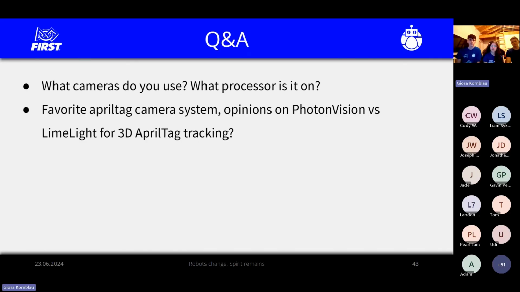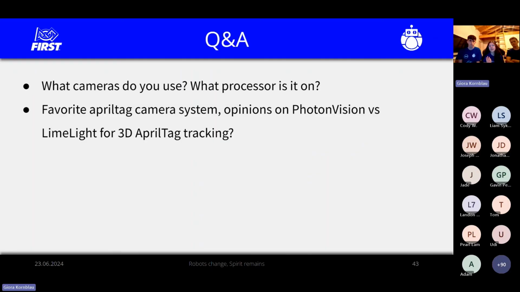What's your favorite April tag camera system? Opinions on PhotonVision versus Limelight for 3D April tag tracking. So for favorite April tag camera system, I wouldn't say we have a favorite because we do have both. They both have their pros and cons. We find that Limelight might be easier. We really like the different options it has, like cropping and stuff like that, which PhotonVision doesn't have yet.